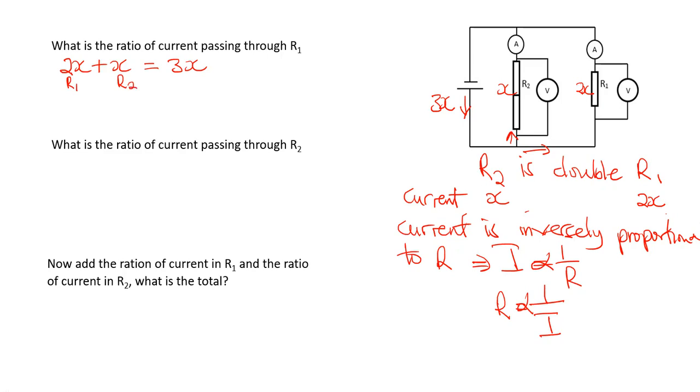So the question is, what is the ratio of current passing through R1?